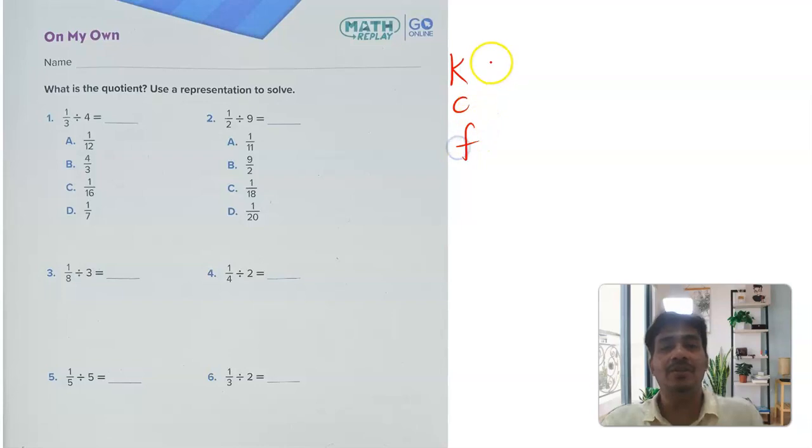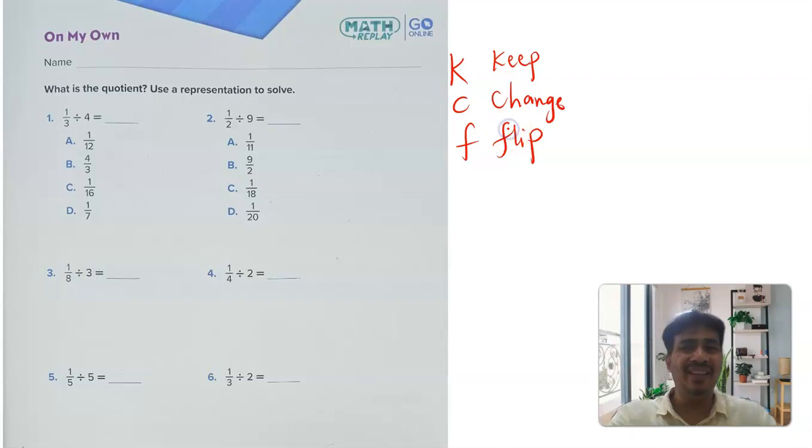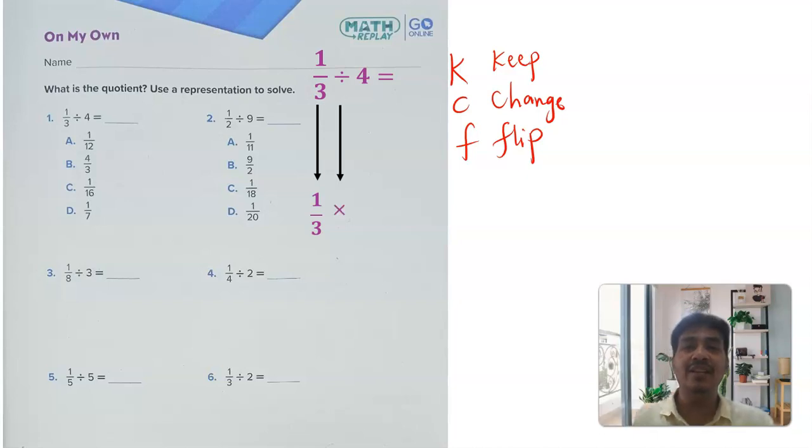These are all KCF questions. Keep, change, flip. So let's see one of them, and then all others are really easy. 1/3 divided by 4. Keep 1/3. Change to multiplication. Flip 4 and write 1 by 4 and then multiply. 1 times 1 is 1. 3 times 4 is 12.